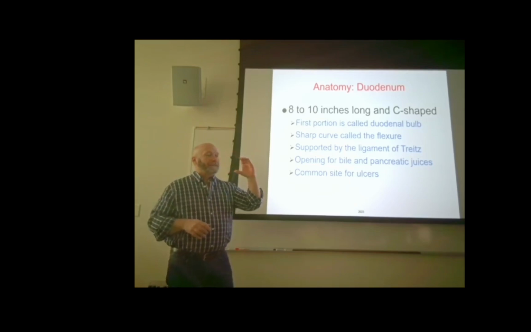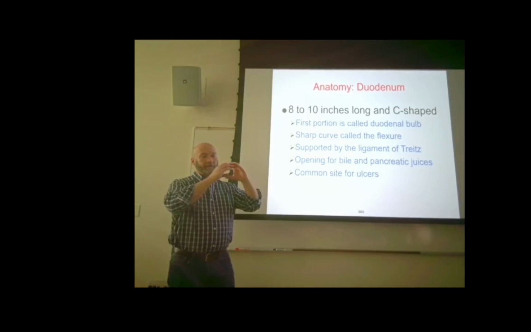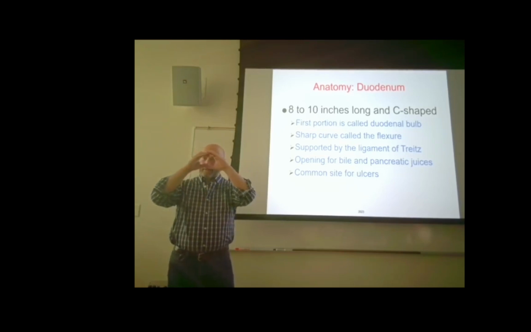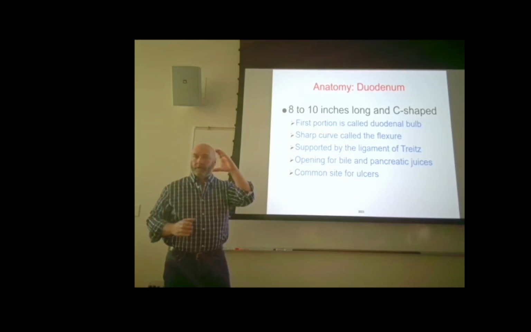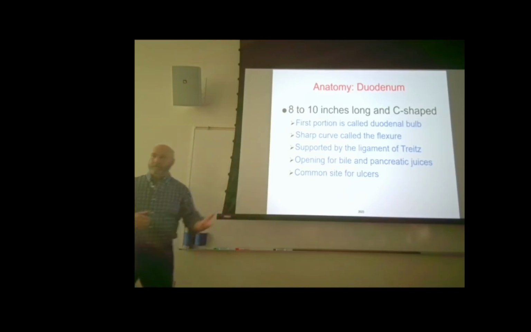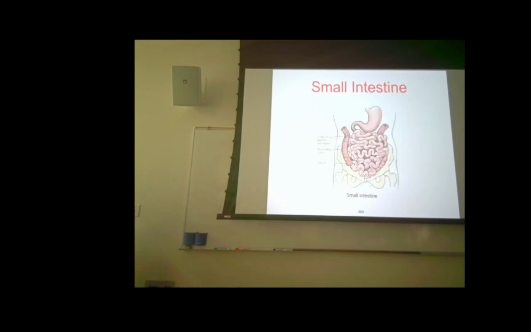If the patient has a pancreatic tumor, that C-shape will enlarge because of the growth of the tumor. I won't say it's commonly caught on an upper GI, but it can be seen on upper GI.